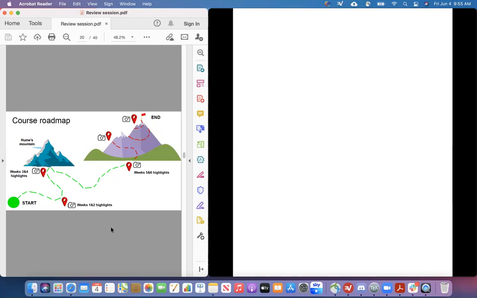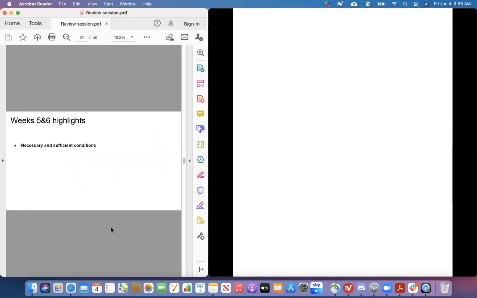We've stopped for some highlights. What did we see in weeks 5 and 6? We saw the following things. We were introduced to necessary and sufficient conditions that gave us a way to talk about when one thing, X, might cause another thing, Y. Perhaps X is necessary for Y, perhaps X is sufficient for Y. Then we did a lot of Mill's methods involving tables and eliminating things as being sufficient, eliminating things as being necessary for certain properties.